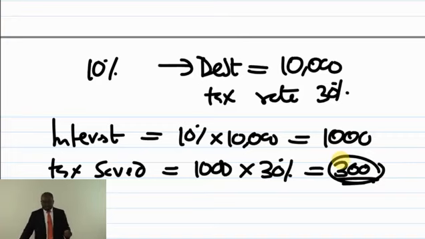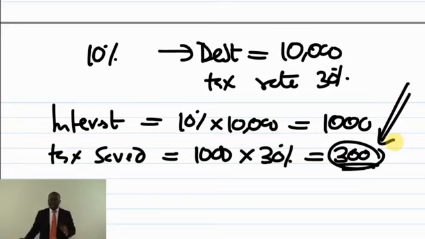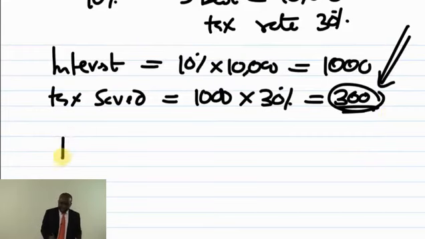What will be the present value? Miller and Modigliani made the assumption here that debt is irredeemable. So from year 1 up to infinity, I will make 300 as tax savings cash flow. What will be the PV of the tax savings on the interest?